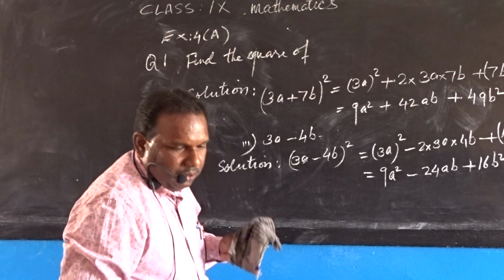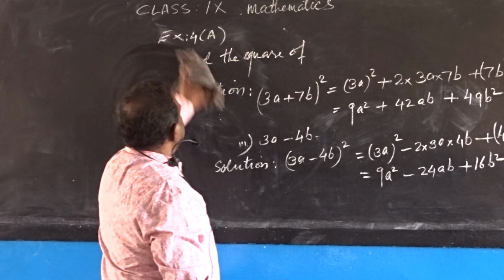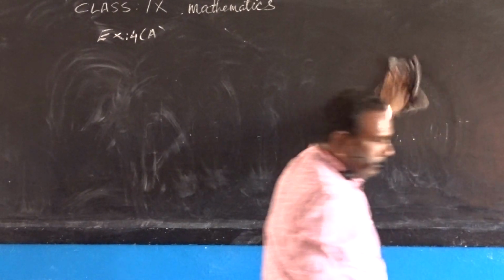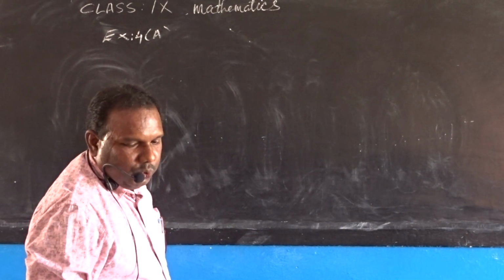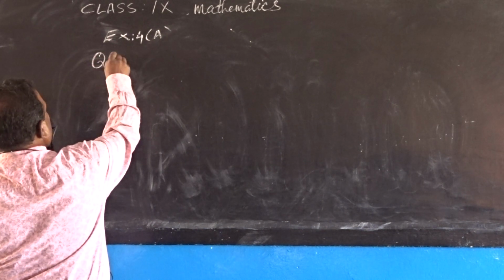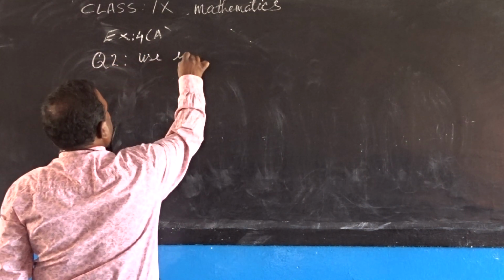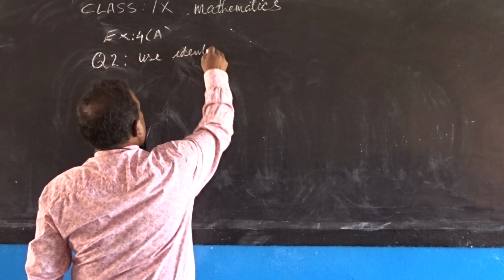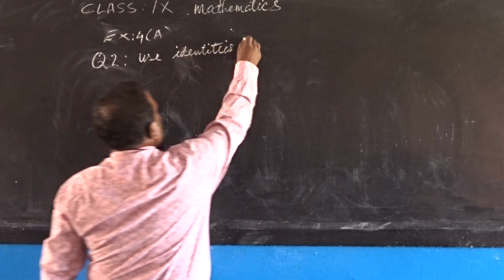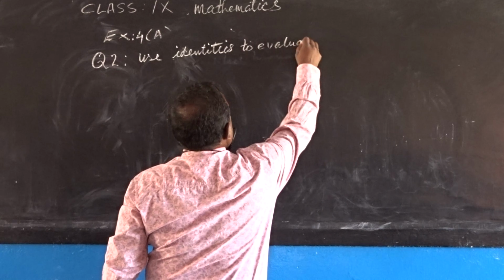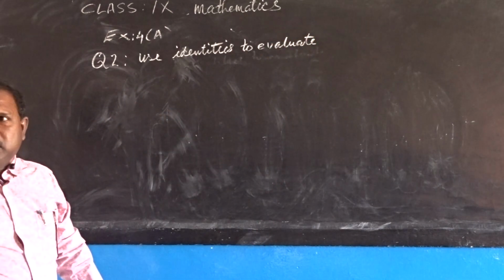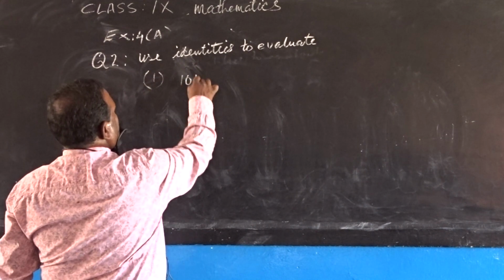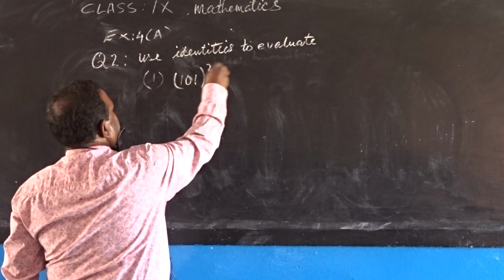Now let us solve question number 2. Use identities to evaluate. 1. 101 all square.